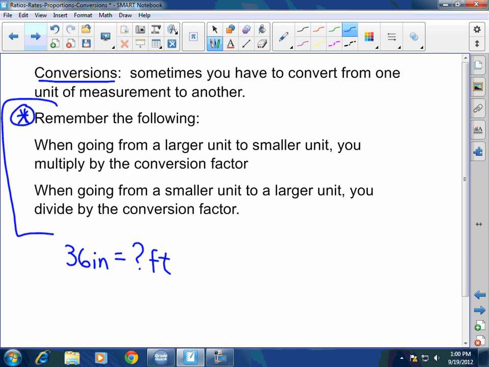I'm going from small to large, so I'm going to divide. Smaller to larger, divide. Now, what am I dividing by? What is the conversion factor? How many inches in 1 foot? 12. So 36 inches divided by 12 inches gives you 3 feet.